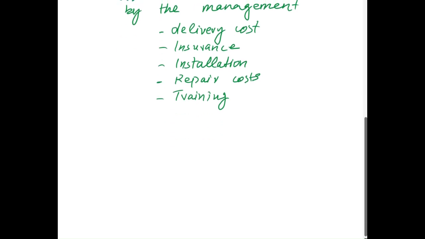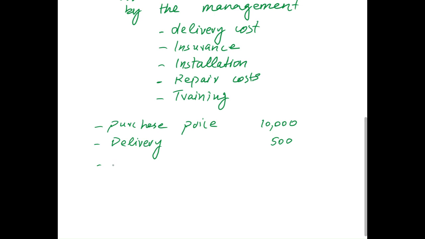So, for example, you buy an asset and the purchase price that you pay is $10,000, and then you pay delivery cost. Let's say it cost you $500, and then you have insurance costs.